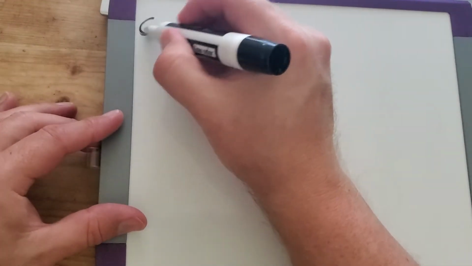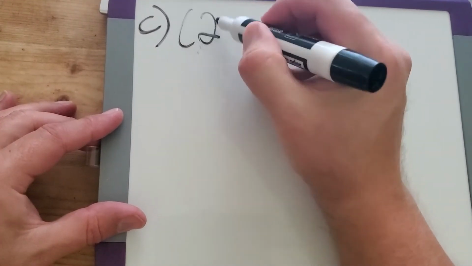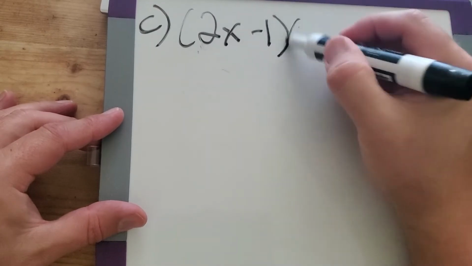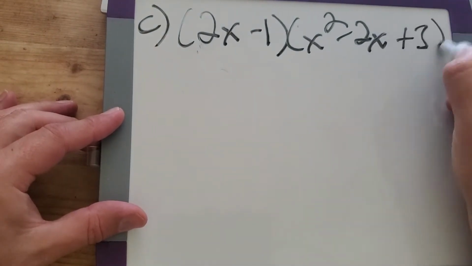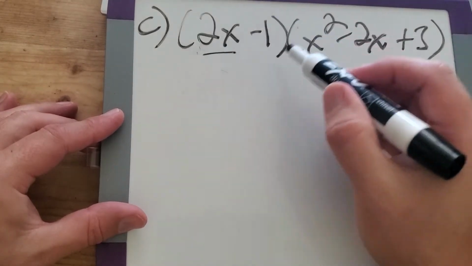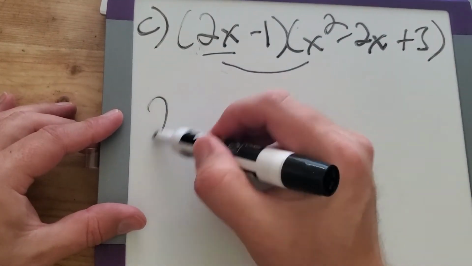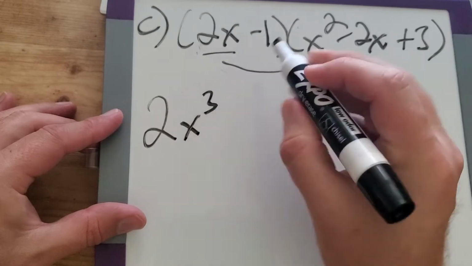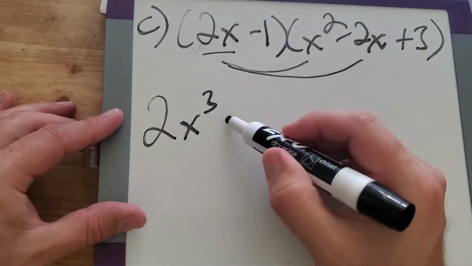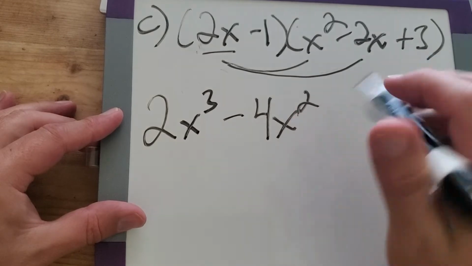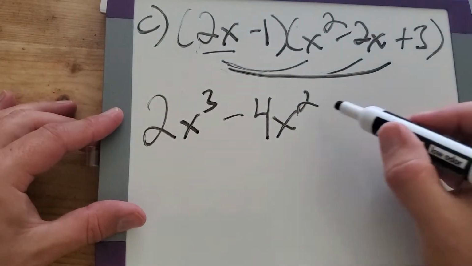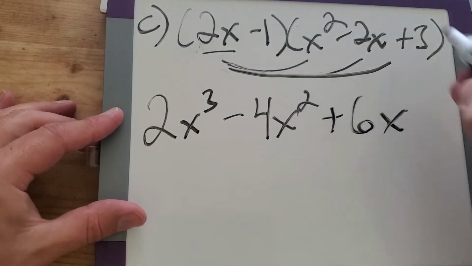Part C is going to be just a purely distribute problem, right? So if you understand this, just go ahead and fast forward. But it's just each of these gets a turn. 2x times x squared is 2x cubed. 2x times -2x is -4x squared. And then 2x times 3 is 6x.